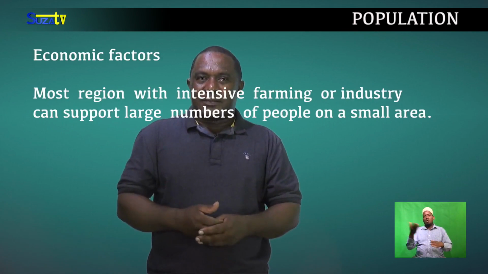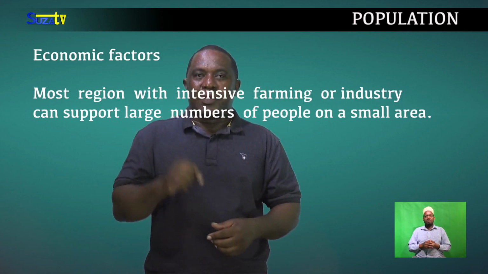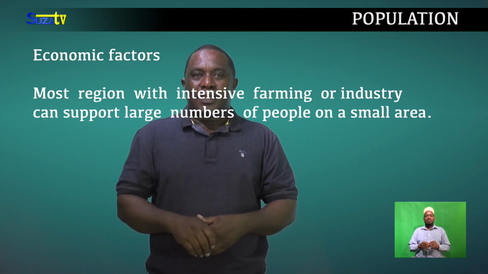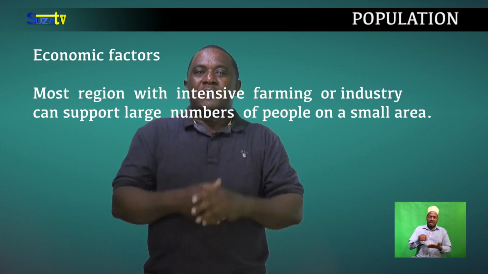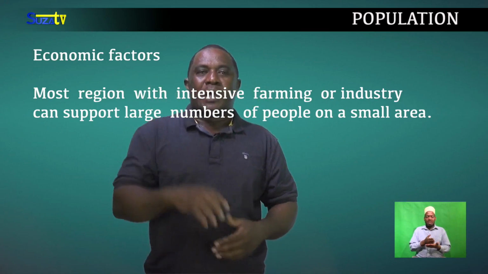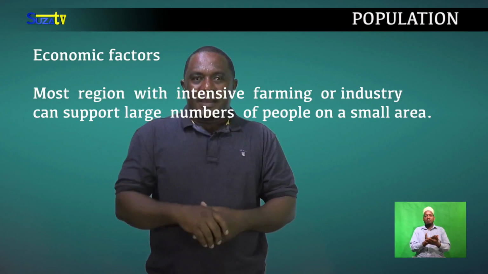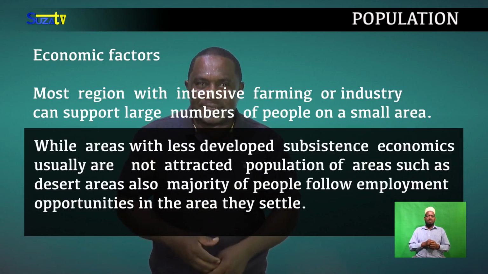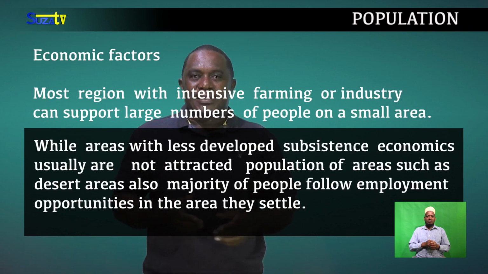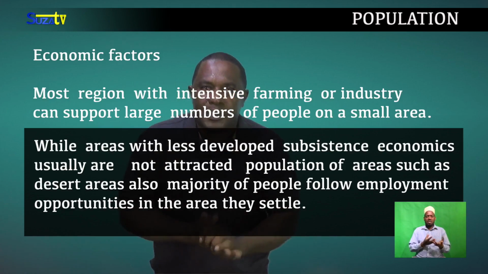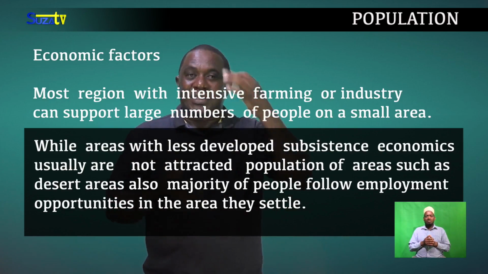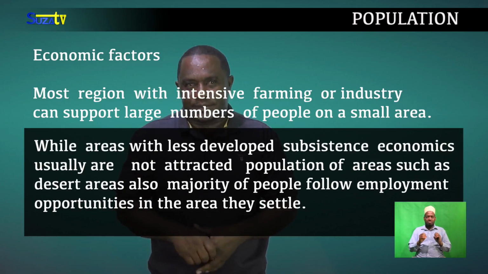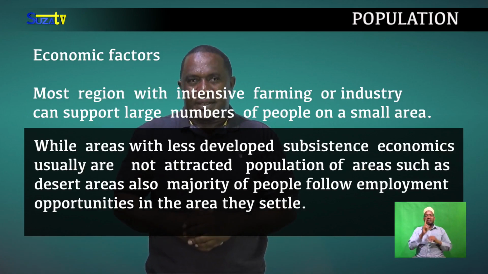Also the economic factor: most regions with intensive farming or industry can support a large number of people on a small area. If there is development of industry in an area, people are attracted to live there because of employment. While areas with a subsistence economy are not attractive to population. Where there is no industry and nothing productive, people cannot live in that place, such as a desert area.